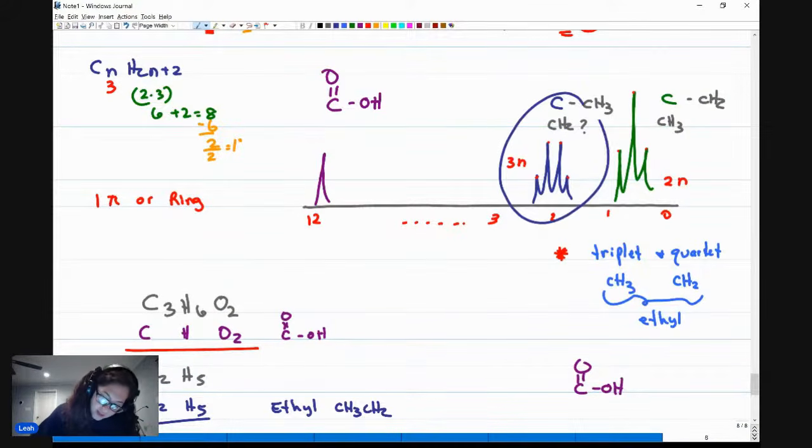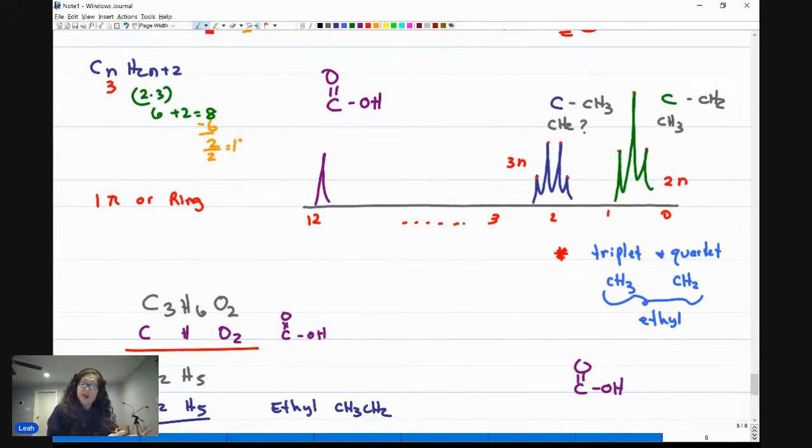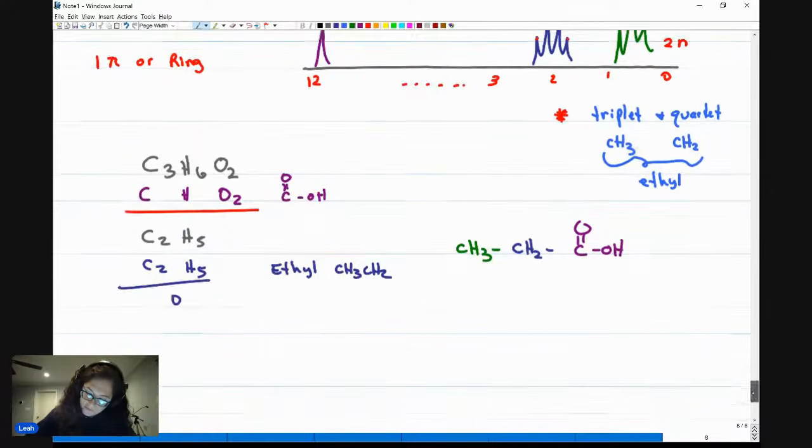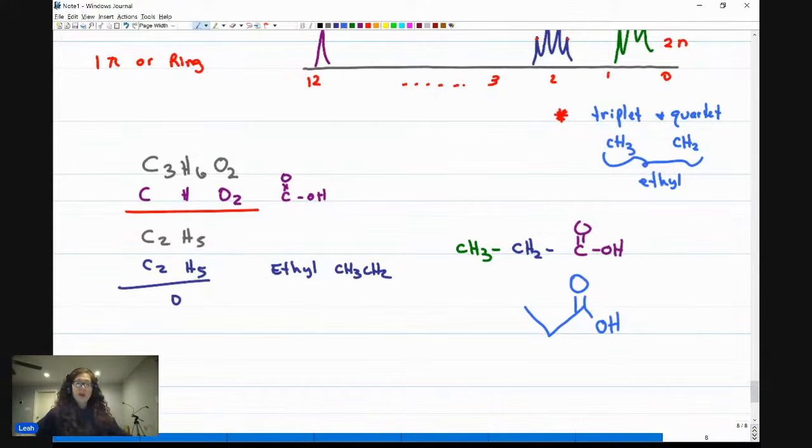So the one that's closest to it, more shifted on the graph, is closer to it on the molecule. We know that this is a CH2. And then towards the end, because terminal groups like methyl groups tend to be less exciting because they're on the end of the molecule, that's my green one. That's a CH3. That's my molecule. And if I want to redraw it, I will draw it like this. 1, 2, 3. And there we go.